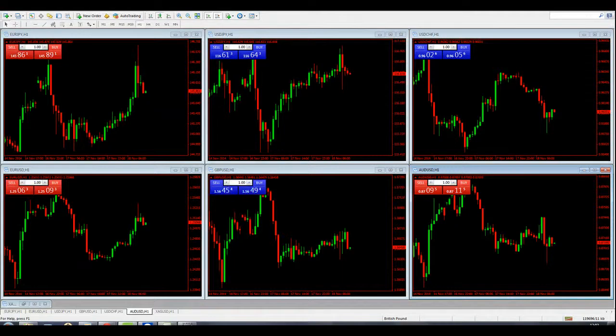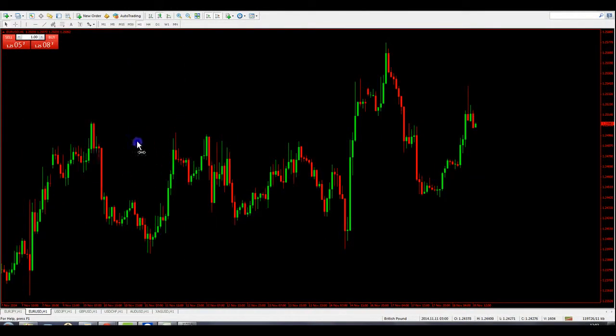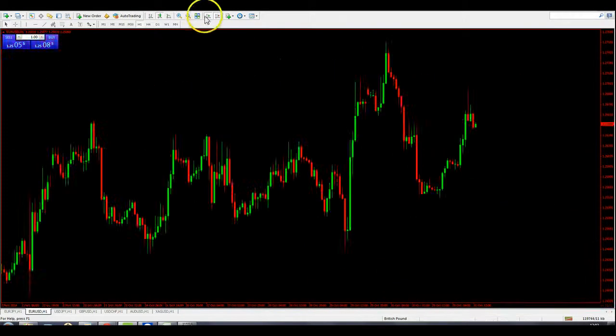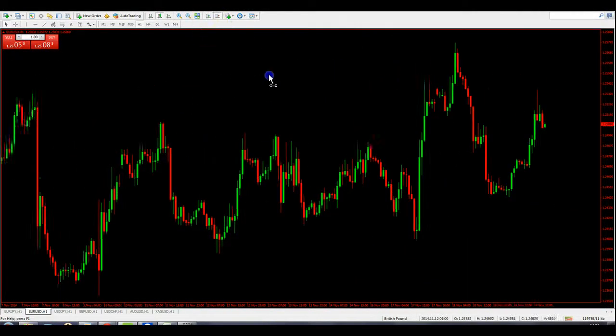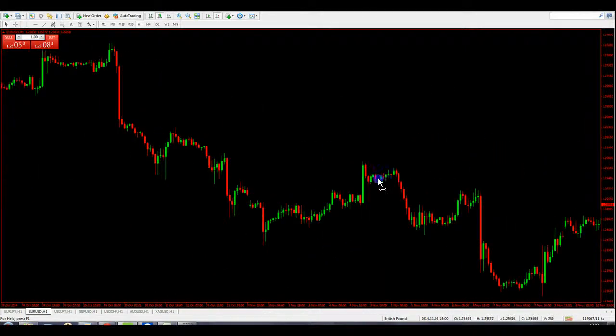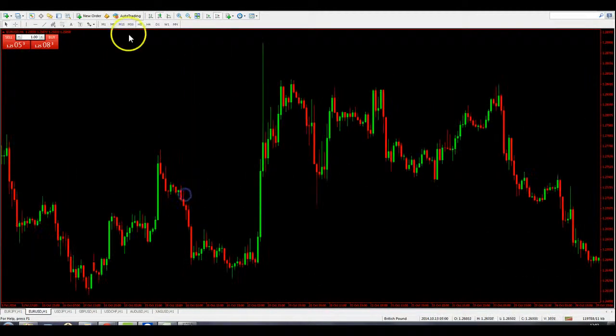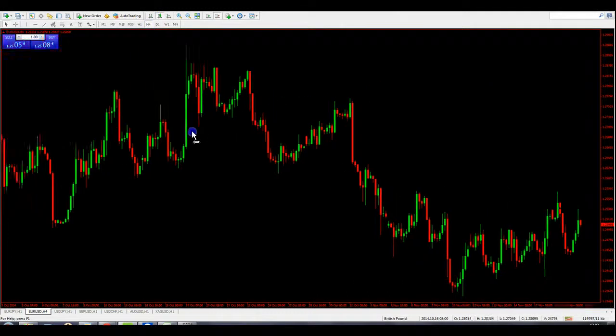So just going to jump over to these charts and let's just have a little look at one of them. Now they're naked charts, nothing much about them. Just going to have a look at them and just go through a couple of possible trade setups. Pretty choppy on the euro lately.